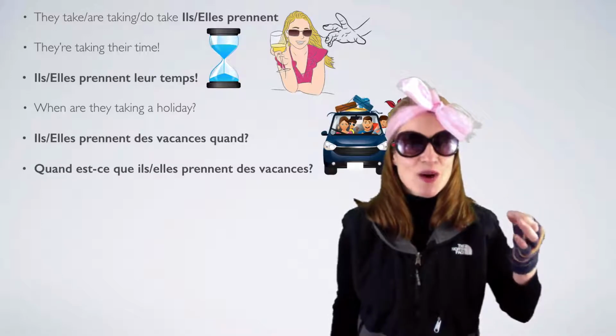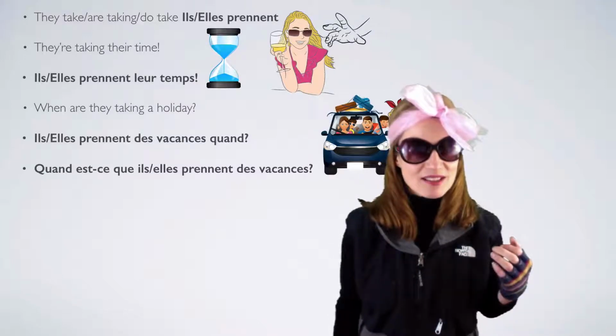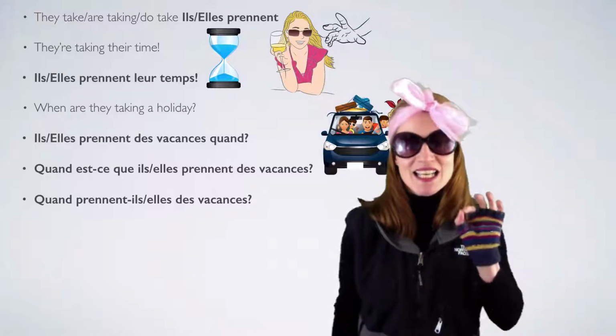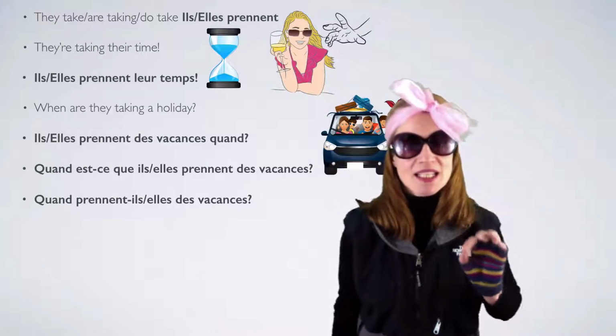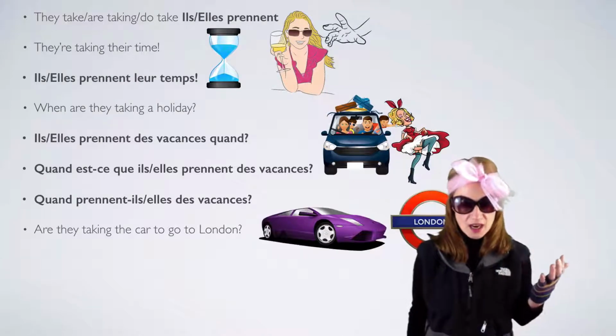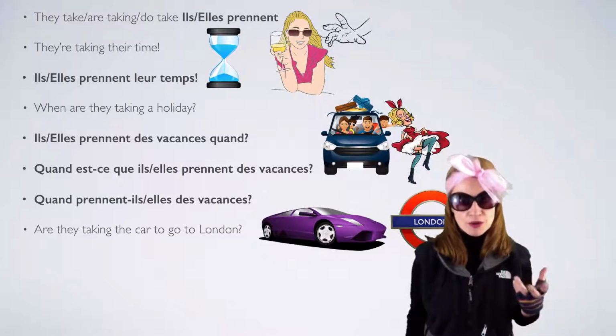Quand est-ce qu'ils ou elles prennent des vacances? The inversion. Quand prennent-ils, quand prennent-elles des vacances? Are they taking the car to go to London? In order to go to London.